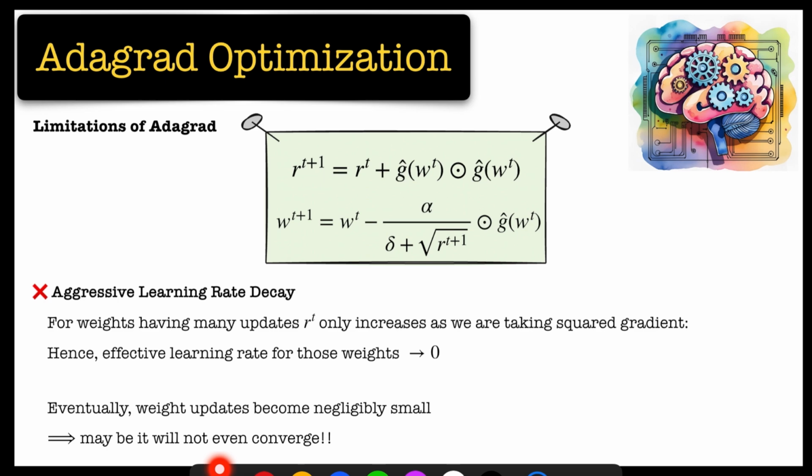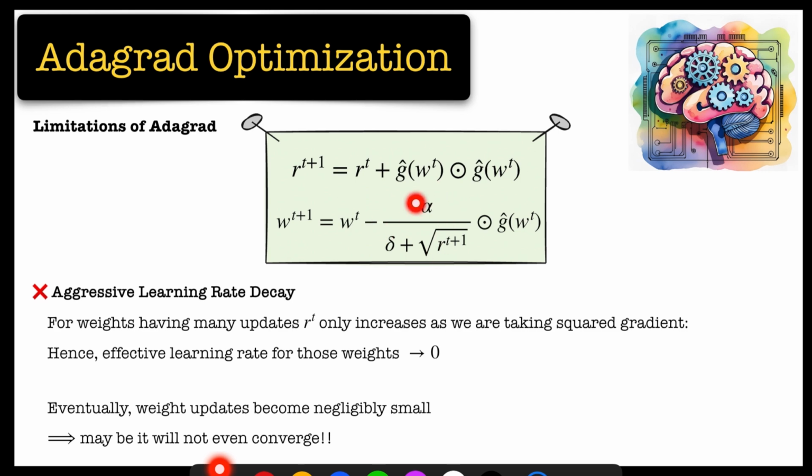Now let's see the limitations of AdaGrad. One limitation is aggressive learning rate decay. For weights having many updates, this RT only increases as we are taking squared gradients. For the weights of non-sparse features, we'll have many updates, so RT plus 1 will increase a lot.